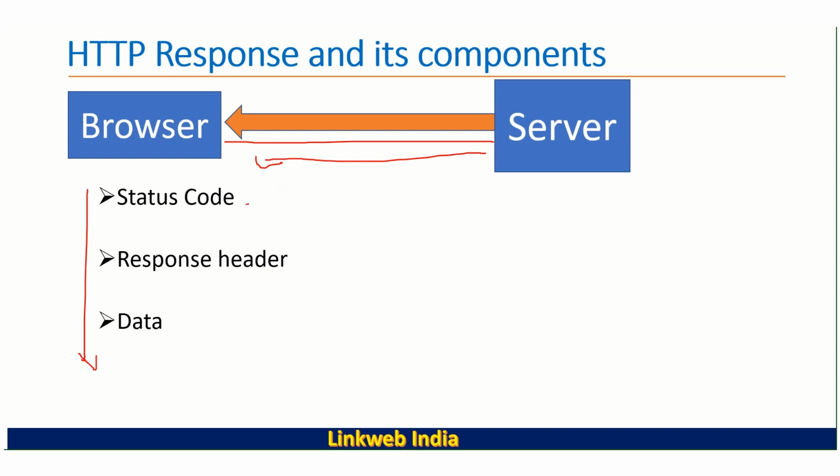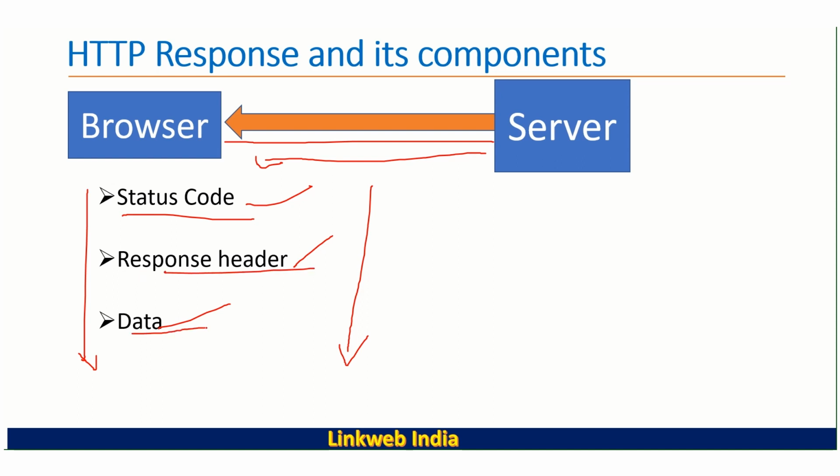There is some format of response in web APIs. The first one is the status code. Each response has a status code. Each response also has a response header and some data, right? So these are also mandatory things in the response section. We receive the status code, the response header, and data.